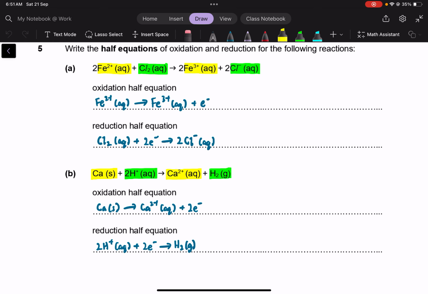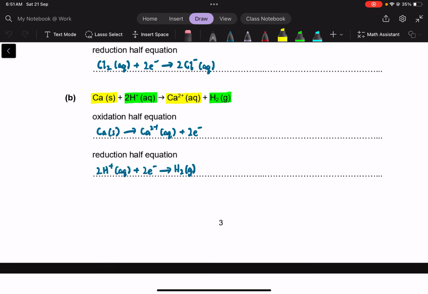Do take note that for the oxidation half equation, the substance has lost electrons, while for the reduction half equation, the substance has gained electrons. And do take note of the state symbols as well.